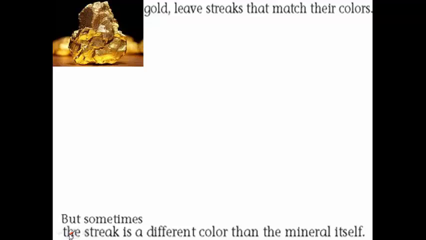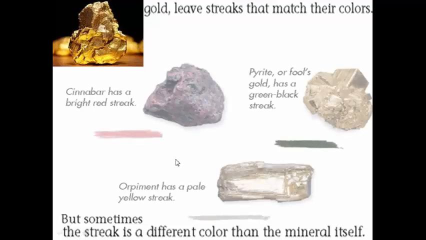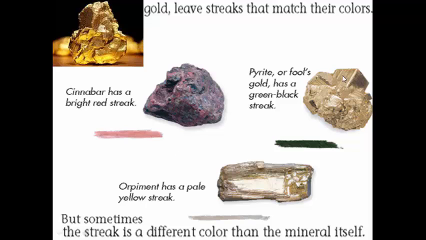But sometimes, guys, the streak is a different color than the mineral itself. Maybe I have a black mineral, but when I make a streak, I find the powder of the streak is red. For example, I have all of these. The first one, pyrite. This pyrite's color is golden, a little bit gold.